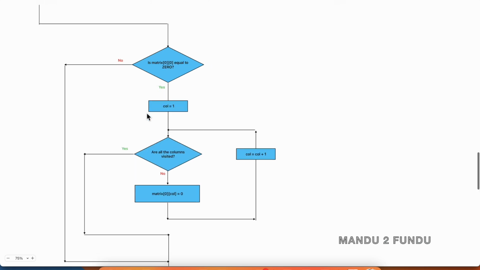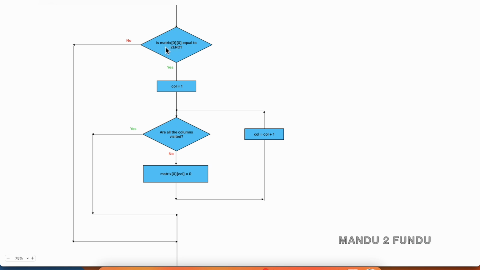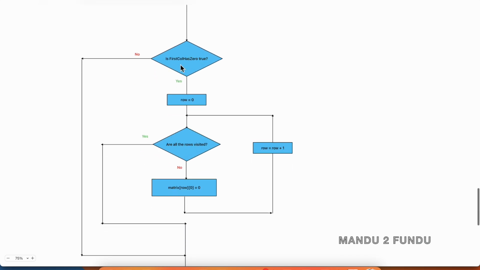Next, we need to handle the special case. If the top left corner cell at row 0 and column 0 is equal to 0, then we have to zero out all the cells starting from column 1 in the first row. That's what we are doing. At first row, we set 0 to all the columns in this loop. Then finally we check whether the first column has 0 flag is true.